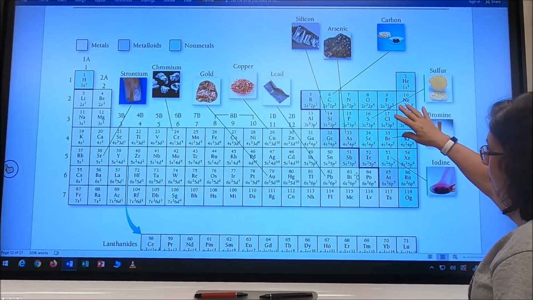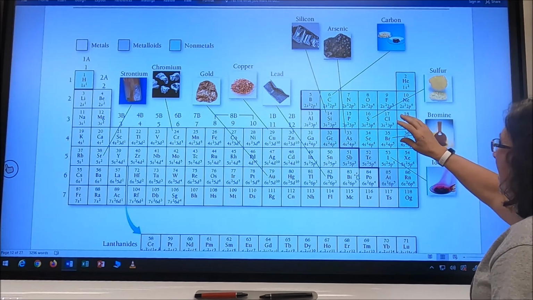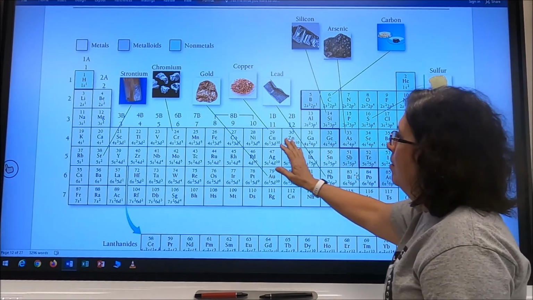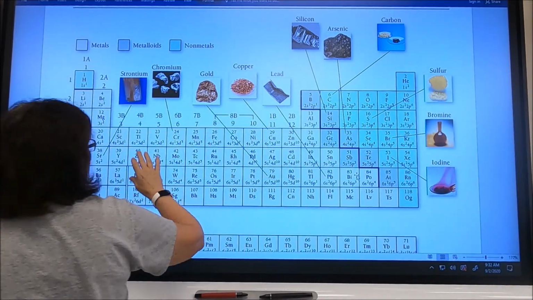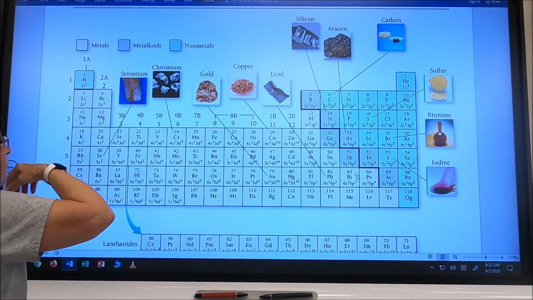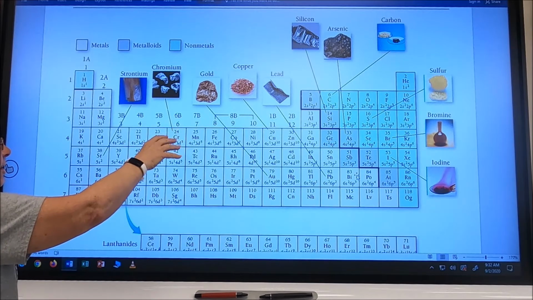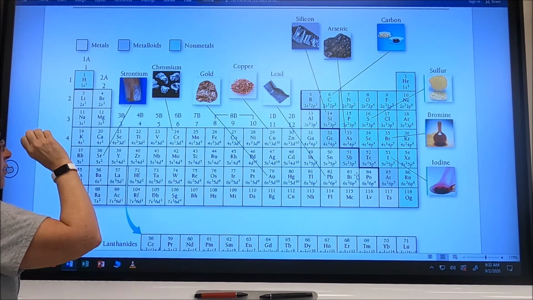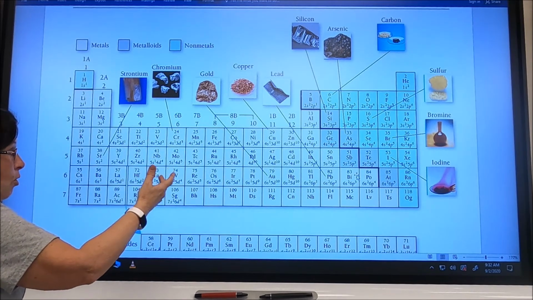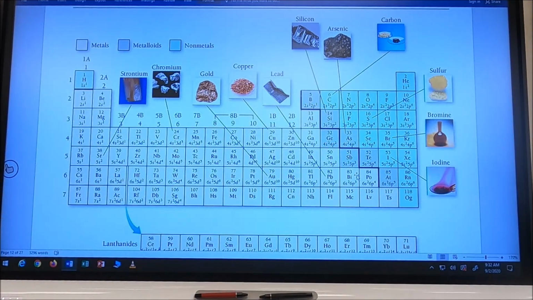They're insulators. They don't conduct. In the solid phase, they're brittle and they're dull. Okay, metals are solids at room temperature, everything but mercury. They have high boiling points, high melting points. They have a tendency to be shiny. They conduct electricity. They conduct heat, and they're workable. And the metalloids have those kind of in the middle properties.